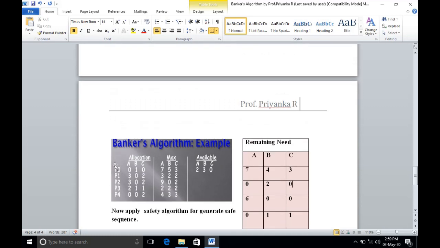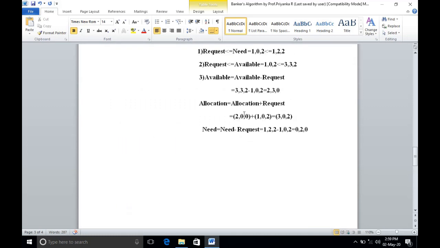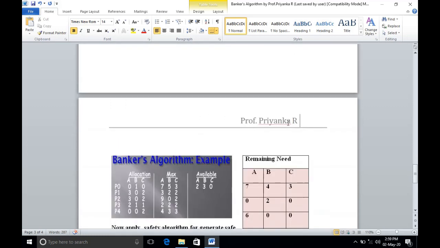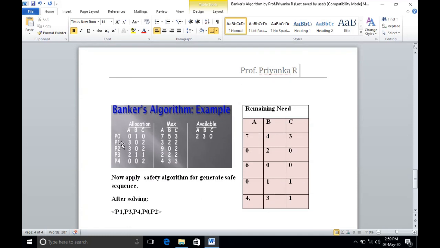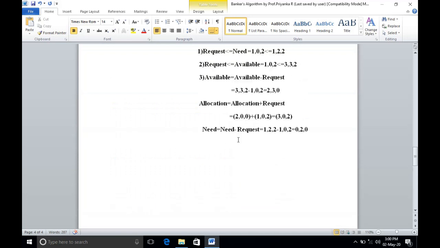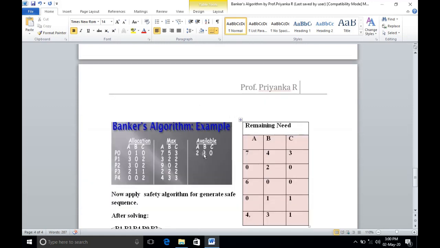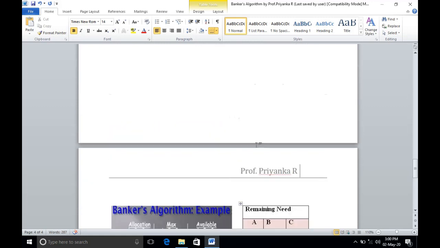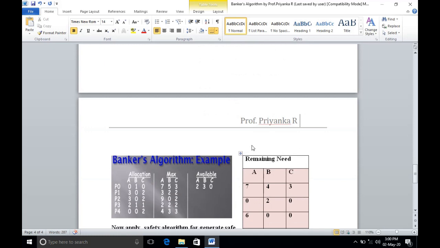And what about allocation? Allocation with respect to P1 is 302, and available, which we have also newly calculated, is 230. So we can update it.